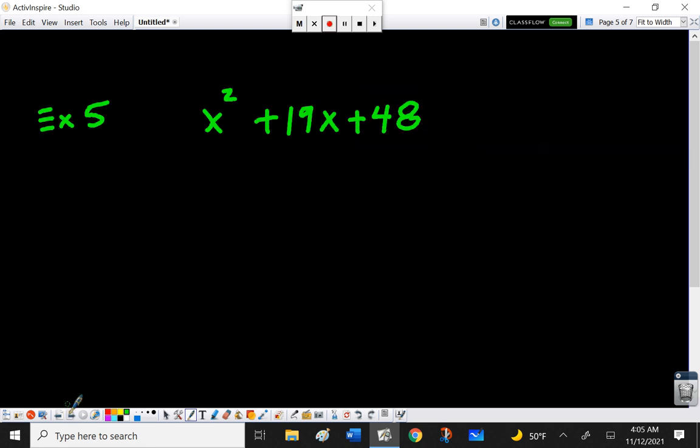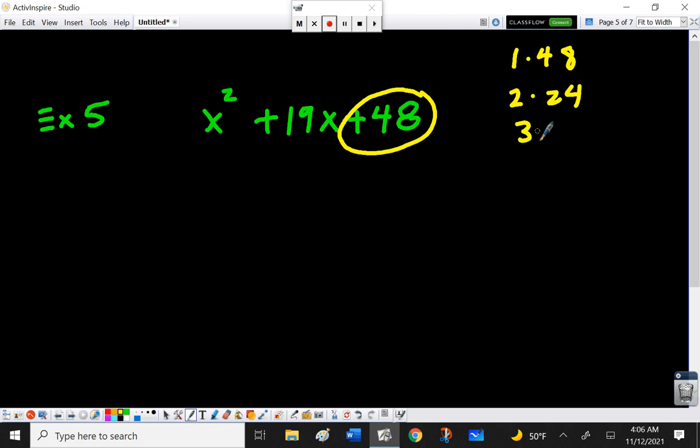Alright, here we go. Hey, this is great. Everything's positive, so I don't have to worry about any negatives in this case. Here we're going to look at the factors of 48. Turns out there's a lot of factors of 48, so let's write these. 1 times 48. 2 times 24. 3 times 16. 4 times 12. 6 times 8.